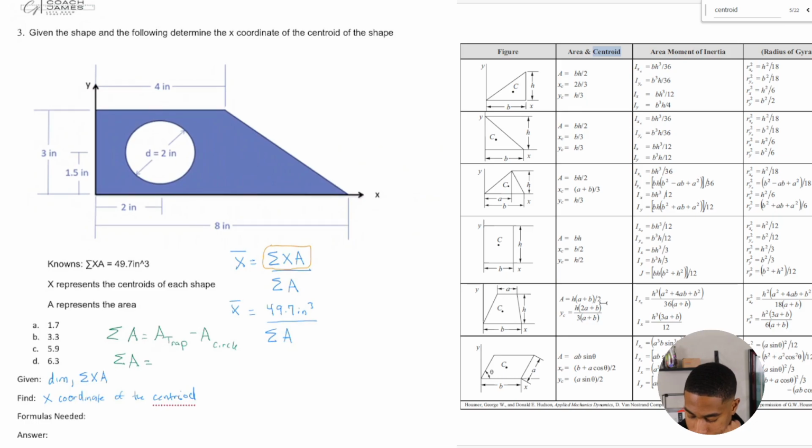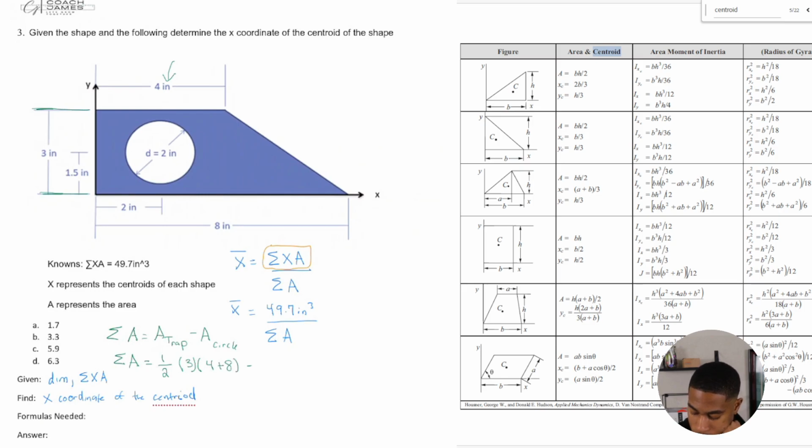So we'll start with 1/2 times the height, which is 3. And then we're going to multiply that by a plus b. In our case, a is 4 inches, and then plus 8.